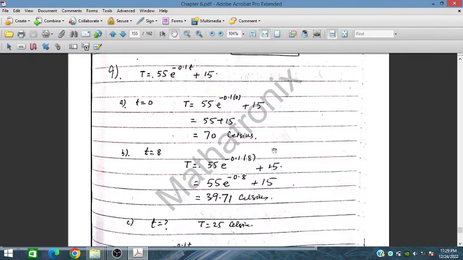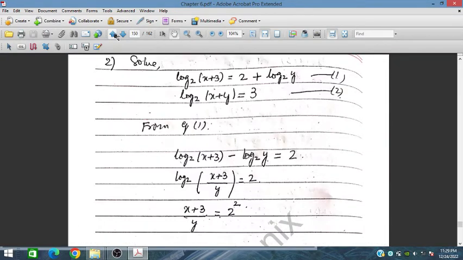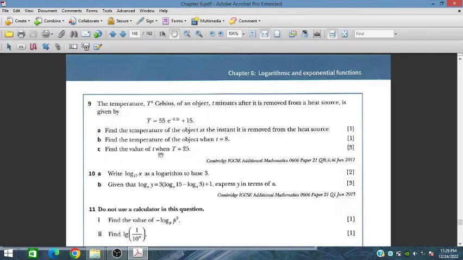Let's solve this question number 9. The temperature of an object T minutes after it is removed from a heat source is given by this.